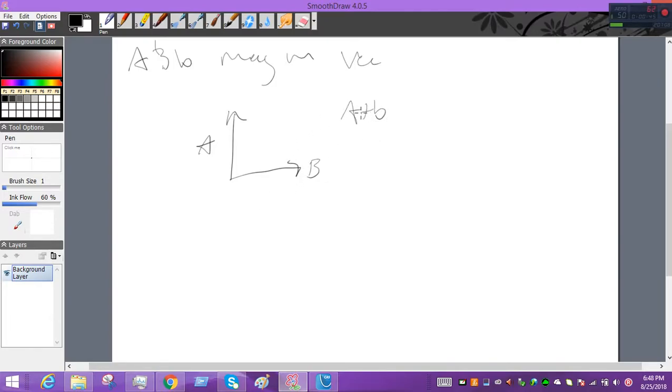To sum vectors, you do A y plus B y for the y value, which equals net y, and A x plus B x equals net x, and then use the Pythagorean theorem to solve for the resultant.